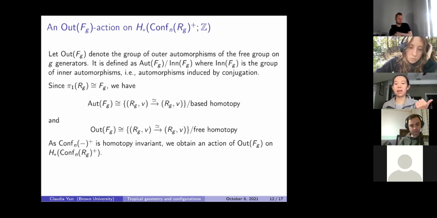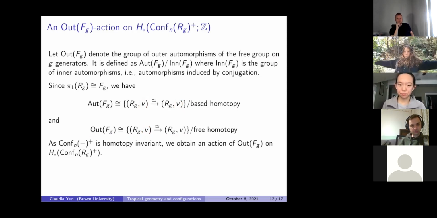And by based homotopy, I mean this V is going to be fixed for the entire time. And now if we're considering Out of FG, then we're taking all the self-homotopies and saying two homotopies are the same if they are the same up to free homotopy. And that means that we no longer require this V to be fixed the whole time.